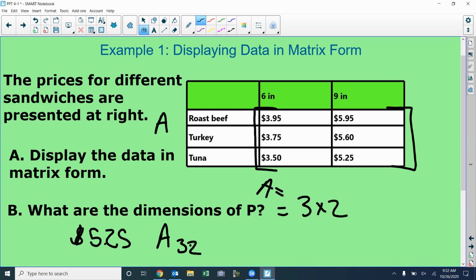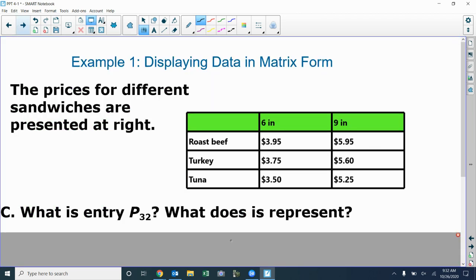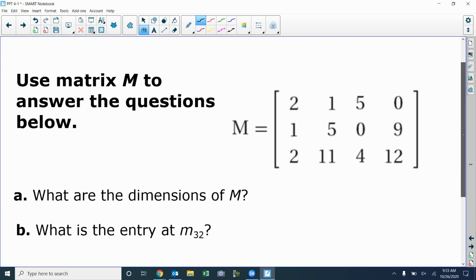How are we feeling there? Is everybody okay? Questions at all? All right, move forward there. What does 3, 2 represent, which we just talked about? Row 3, column 2, and that would be $5.25.